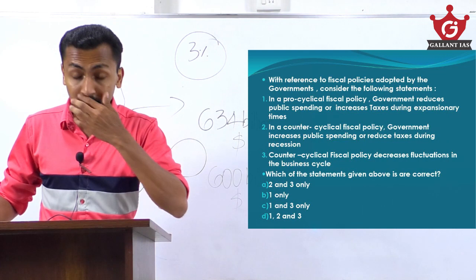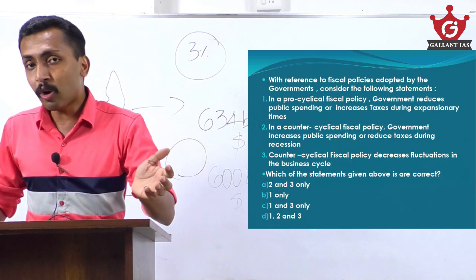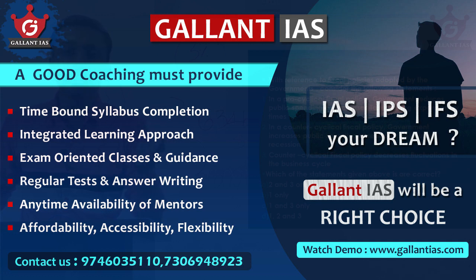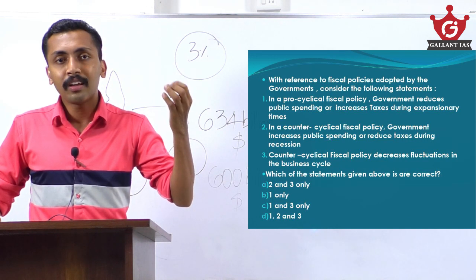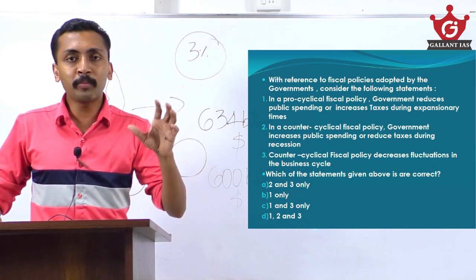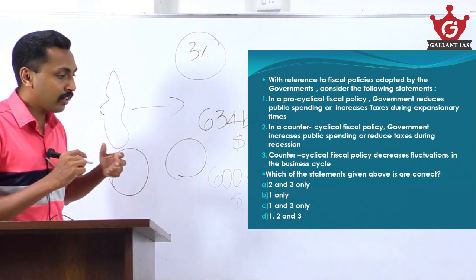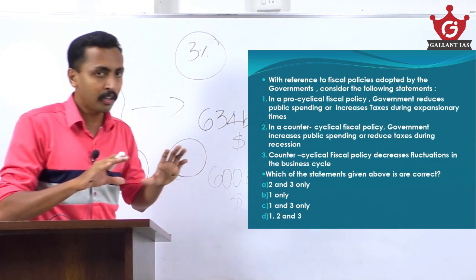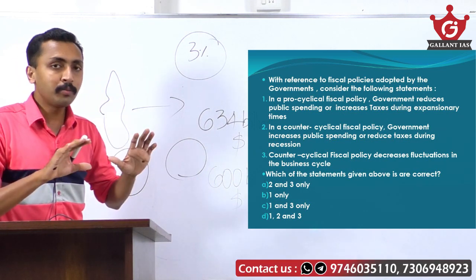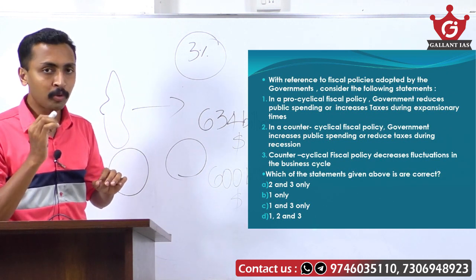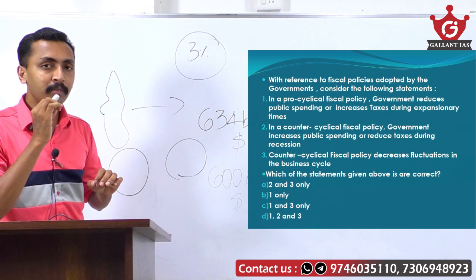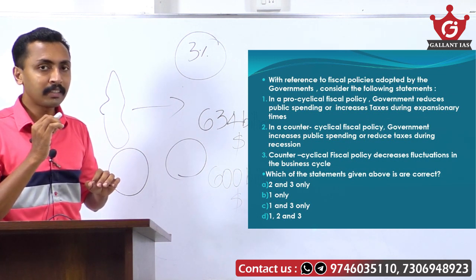In expansionary time, when a government adopts a pro-cyclical fiscal policy, it will further accentuate the demand. And what happens when demand goes out of control? Inflation grows, and that will drag the economy down. So pro-cyclical fiscal policy is not the policy that government needs to adopt. All governments in the world have to adopt counter-cyclical fiscal policy, which supports the economy and helps it recover from recessionary and crisis times.